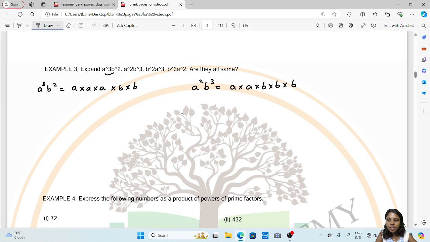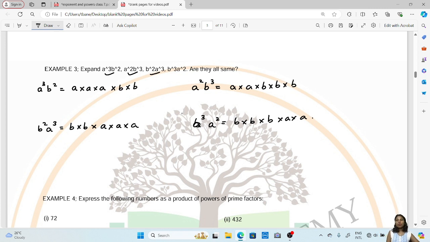Okay, so this one is done. Now the next one, b squared and a cubed. So in this case, b into b into a into a into a. And the last one is a squared and b cubed. So in this case again b into b into b into a into a.